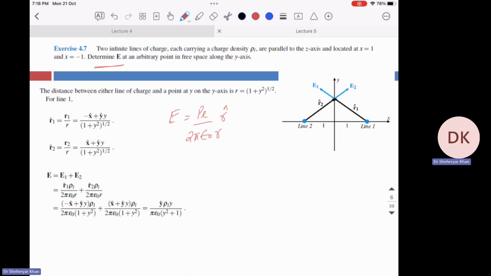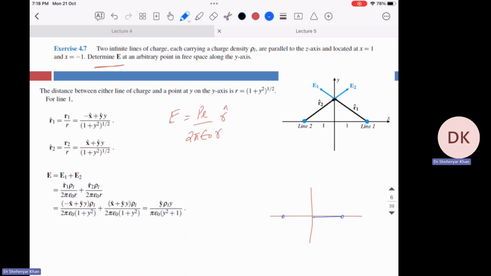Okay, because there are two lines. Attention, please. So actually, we are asked to solve this, that there are two lines here, right?